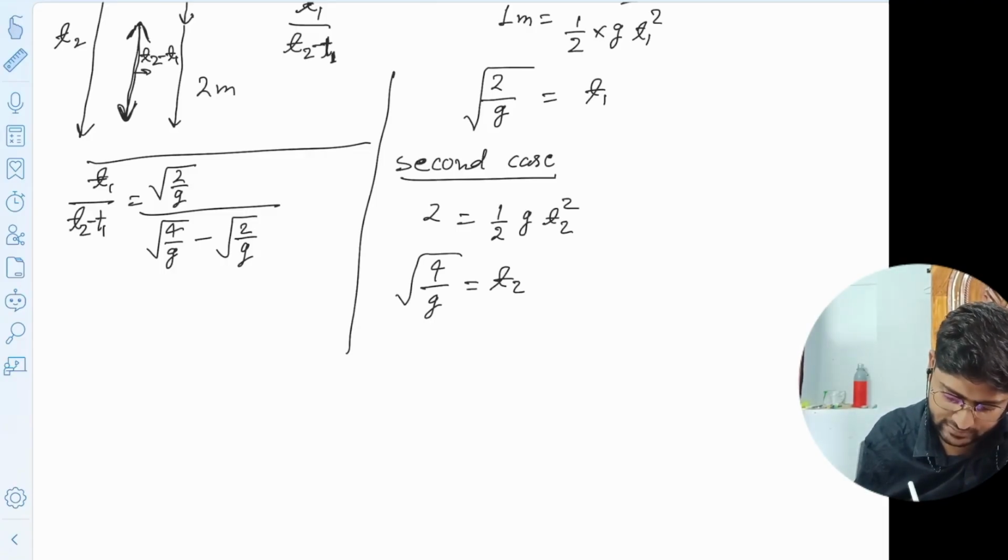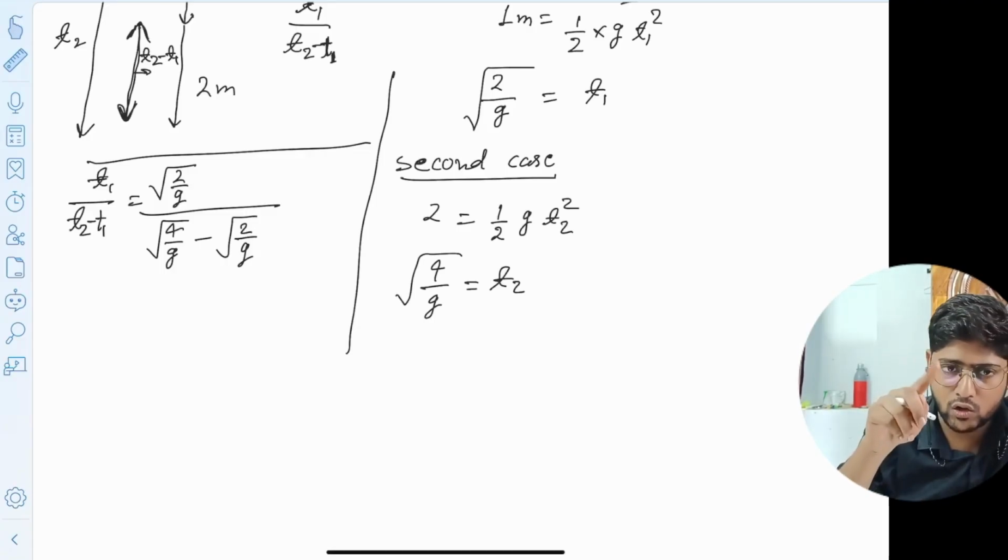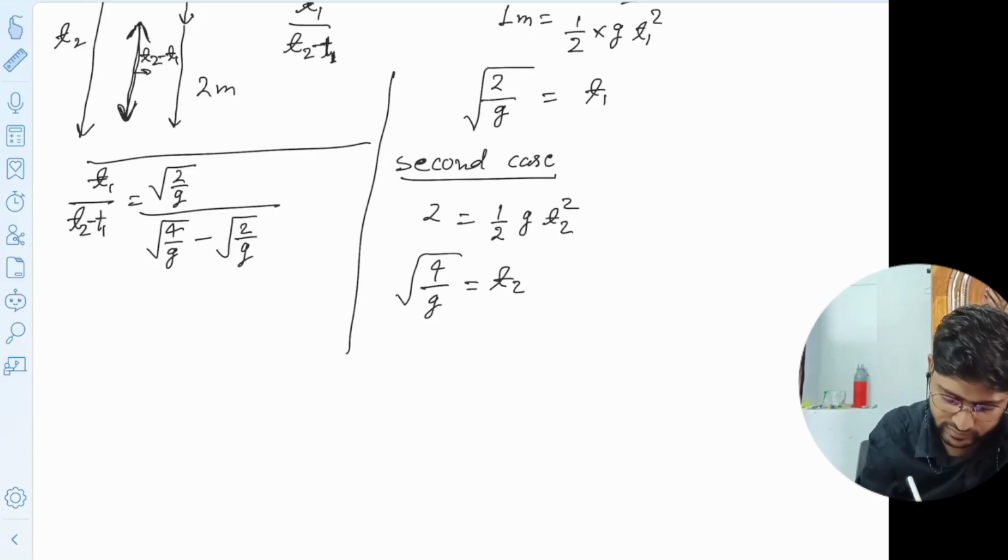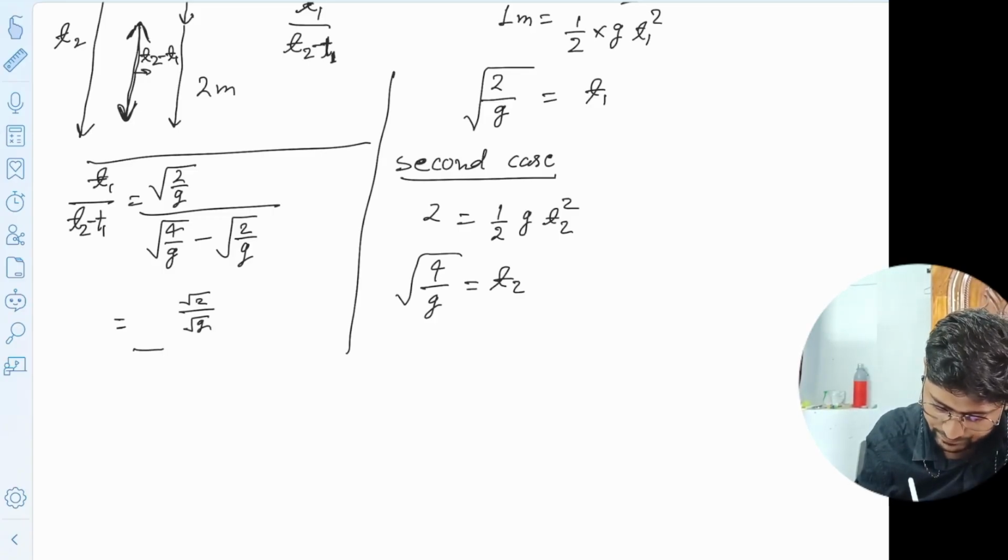Root g cancels everywhere. So we can write root 2 by root g on top, and in the denominator root 4 minus root 2 divided by root g.